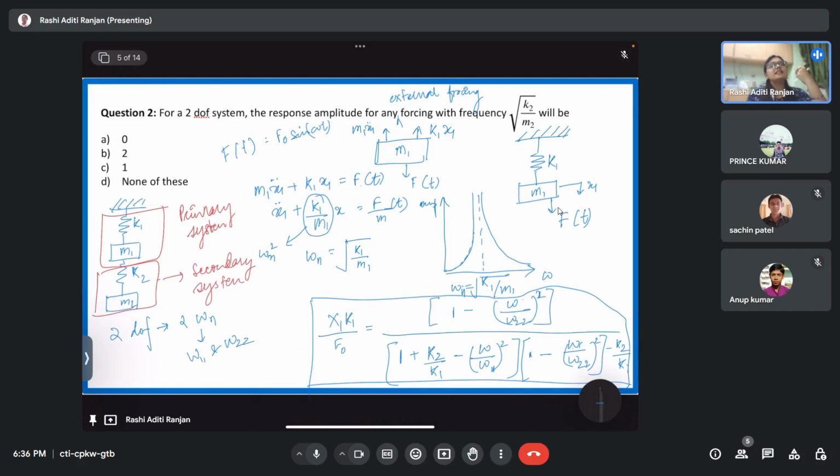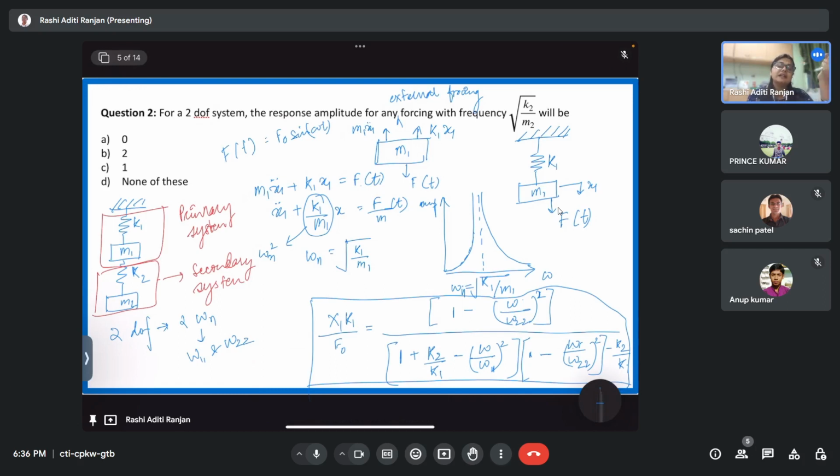So if my excitation frequency is equal to omega 22, which is actually the natural frequency if I consider only the K2 and M2, then my primary system is not going to experience any kind of vibration.